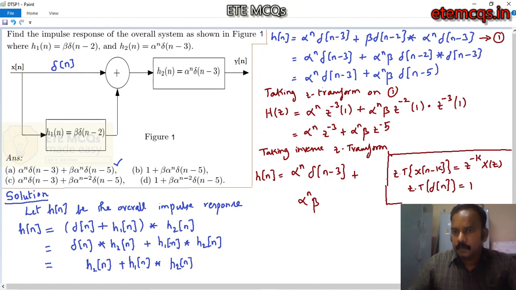Inverse Z transform of z power minus 5 is del of n minus 5. So you get the same solution actually: alpha power n into del of n minus 3 plus alpha power n beta into del of n minus 5. So option A is correct. Option A is the correct solution.